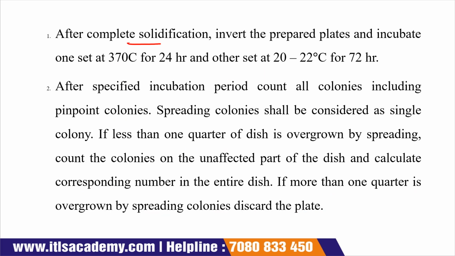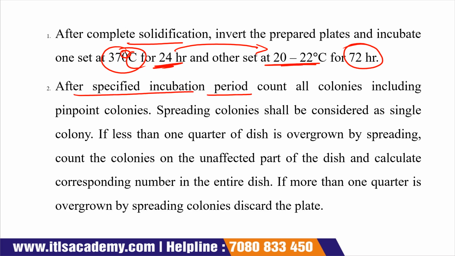After complete solidification, you have to put the Petri plate inside the incubator at 37 degrees Celsius for 24 hours, and the Petri plate should be placed inverted. Okay, then after 24 hours, you have to set the temperature to 20 to 22 degrees Celsius for 72 hours. After the specified incubation period, count all the colonies including pinpoint colonies.